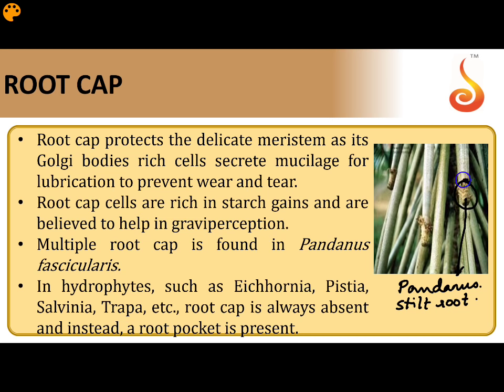It is more bright and conspicuous. The reason is the presence of multiple root caps. There is not one root cap, but many root caps. Many root caps come together to form one multiple root cap in the case of Pandanus fascicularis.